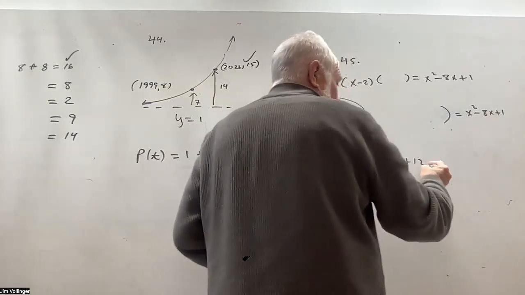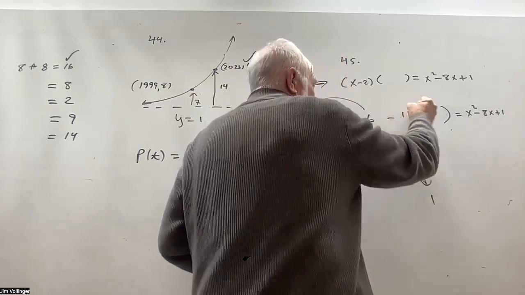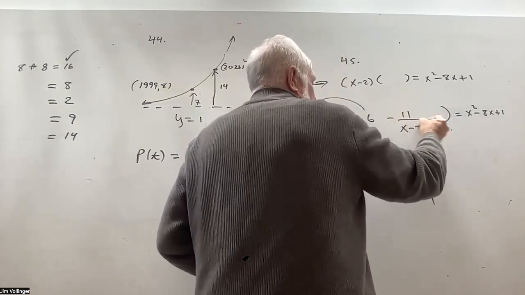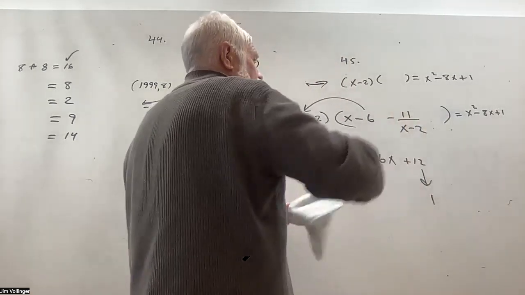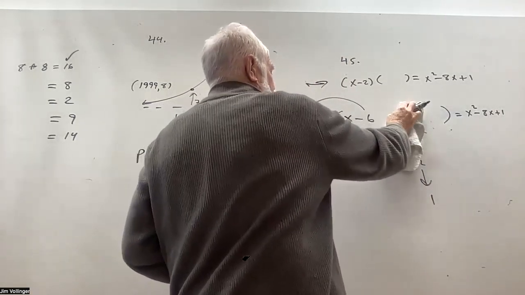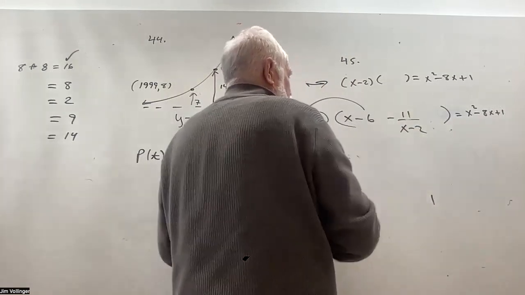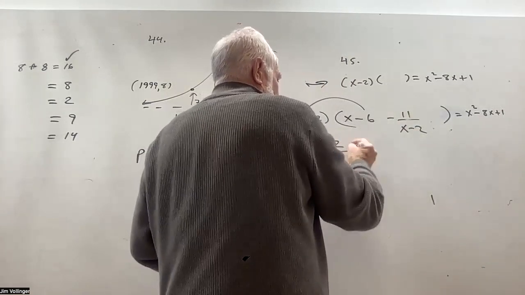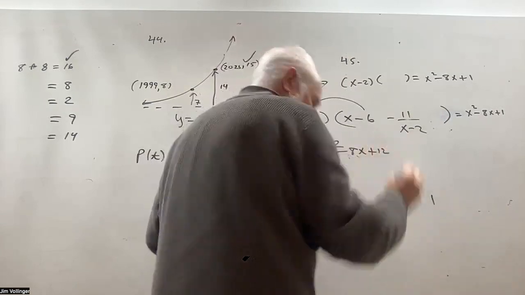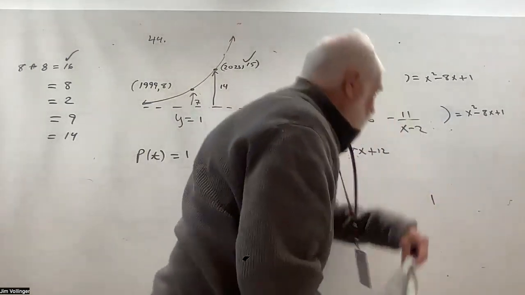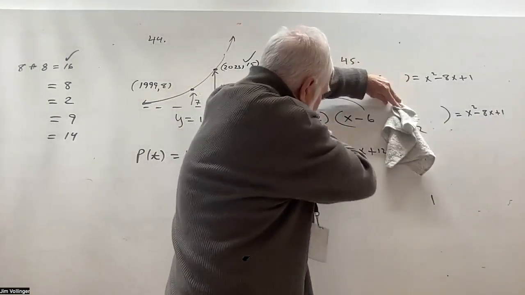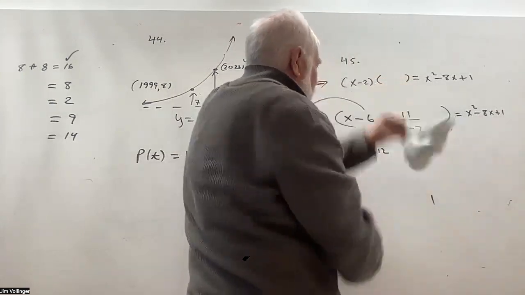How do you get from 12 to 1? You got to go down 11. x minus 2. So if we did the first multiplication, x minus 2 times x minus 6, we're going to get x squared minus 8x plus 12. Let me hide this again. Okay, so hopefully x minus 2, x minus 6, you can see that.